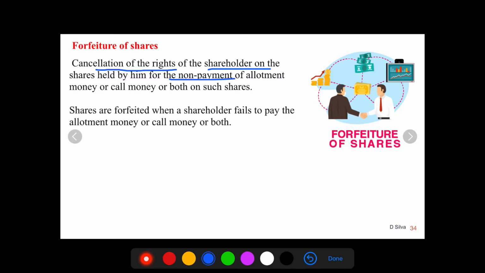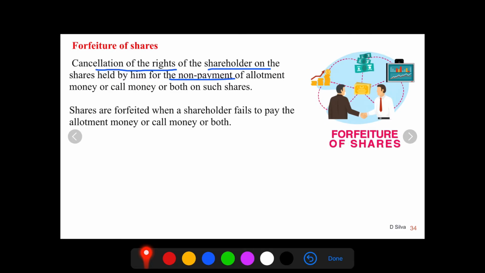Or in other words, shares are forfeited when a shareholder fails to pay the allotment money or call money or both. So the question of forfeiture will arise only when the shareholder does not pay the money, either at the allotment stage or in the stage of calls. You can call it a stage or you can also call it installments.